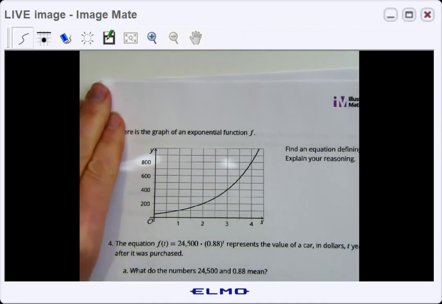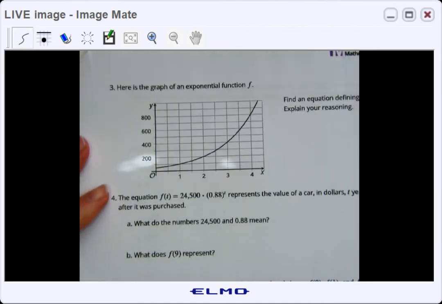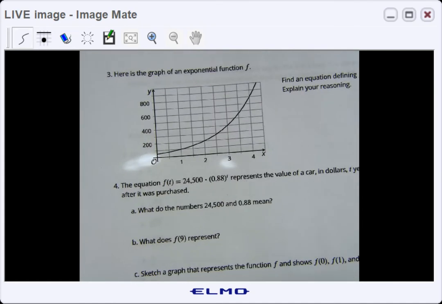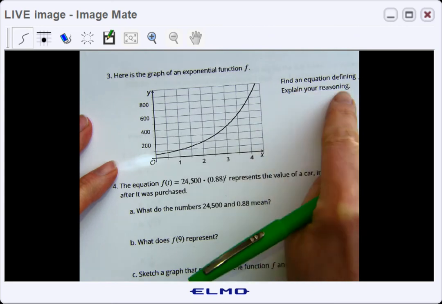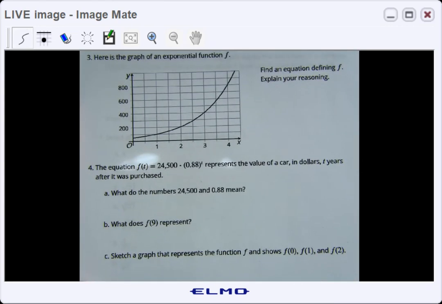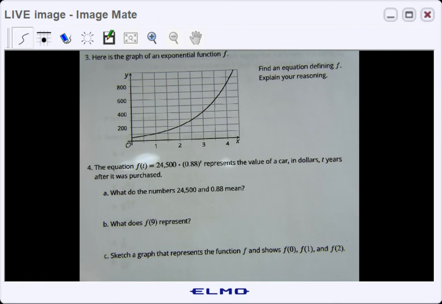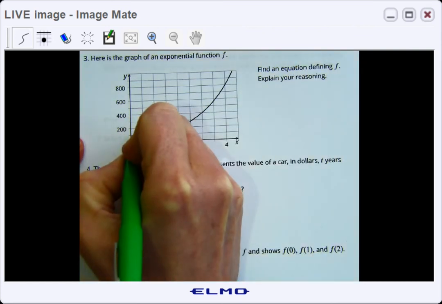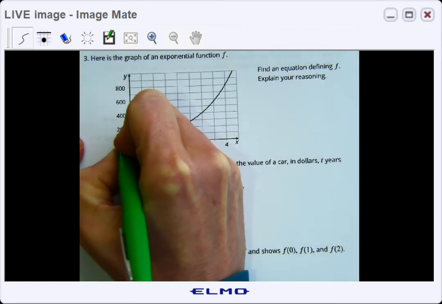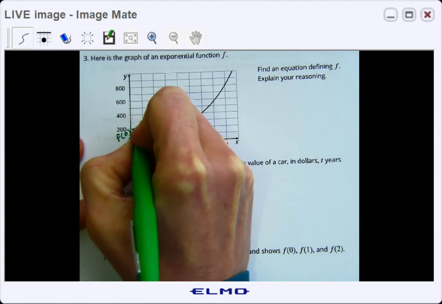Number 3 is asking us to look at this graph and then find an equation that defines F and explain your reasoning. All right, so the first thing I need to know to write an equation is what is that initial amount? And so it looks like the initial amount, F of 0, right here, looks like it's at about 50.